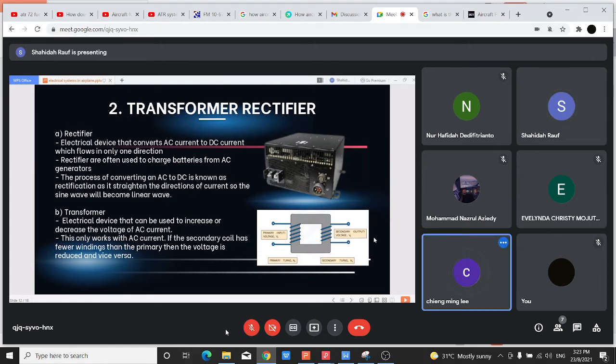Any other question? During the flight, the aircraft will be fully powered by the generator. Oh, okay. So until landing, sir. Yeah, once your engine is running, the generator is turning. It's just a matter of selecting the power on or off.